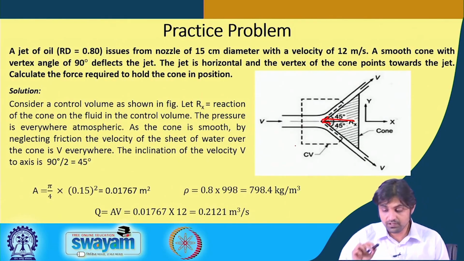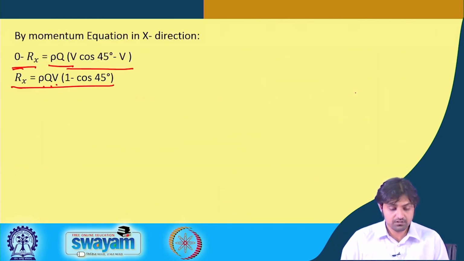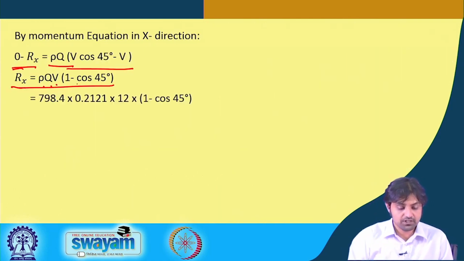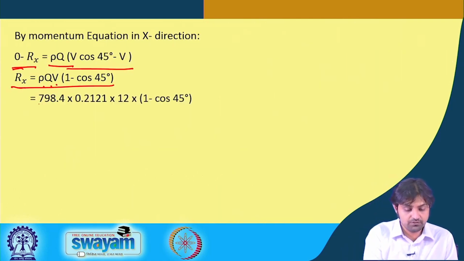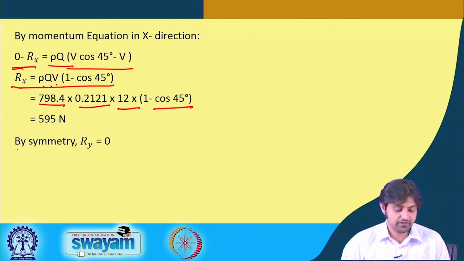You see here there is one force Rx that is going to act, and the rate of change of momentum is rho Qv times 1 minus cos 45. You substitute the values, and that gives Rx equal to 595 Newton.